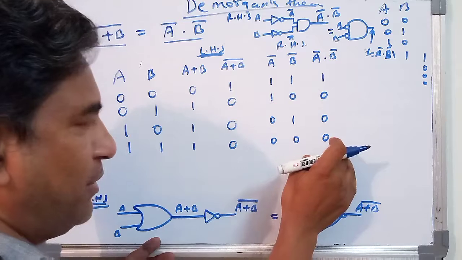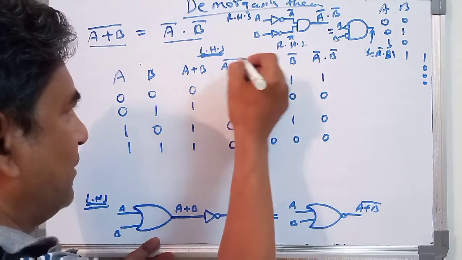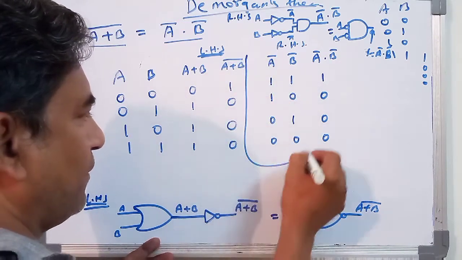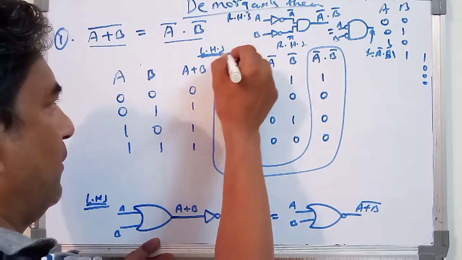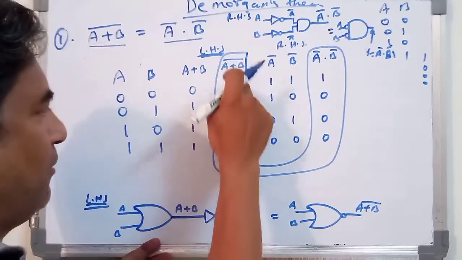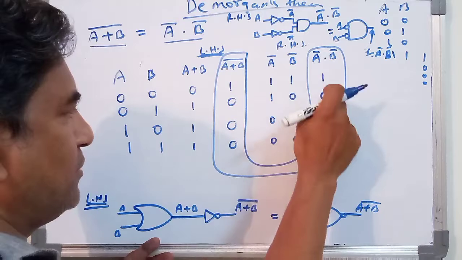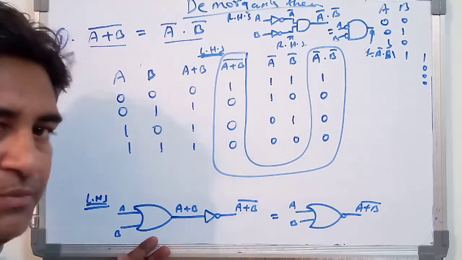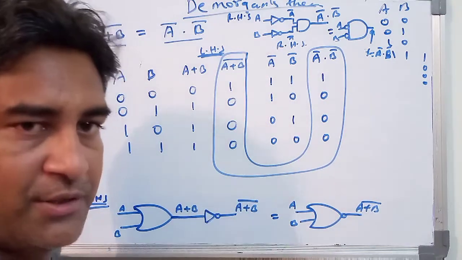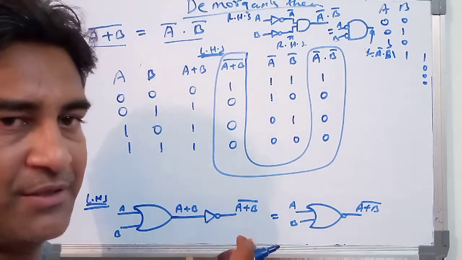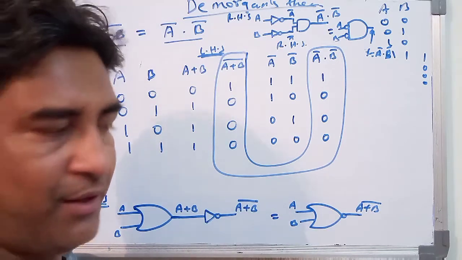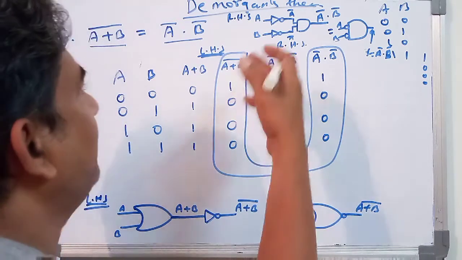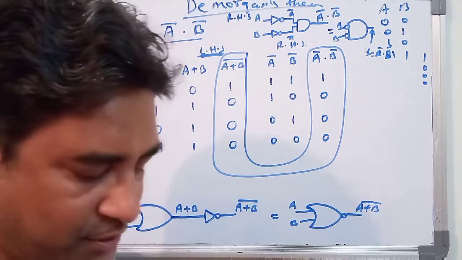So from this formation, it is 1, 0, 0, 0. So you may say that De Morgan's first theorem, the left hand side, is equal to the right hand side. Okay, in our next class we will see De Morgan's second theorem. Okay students, thank you.